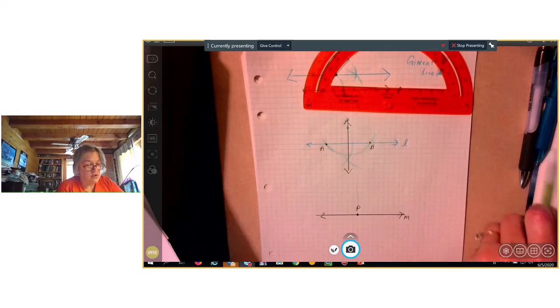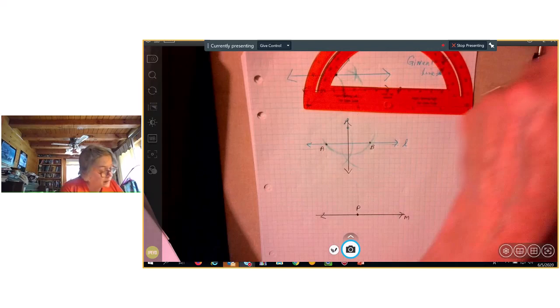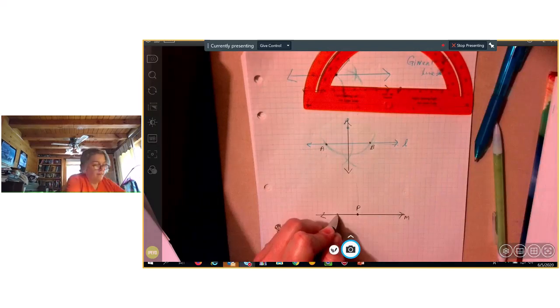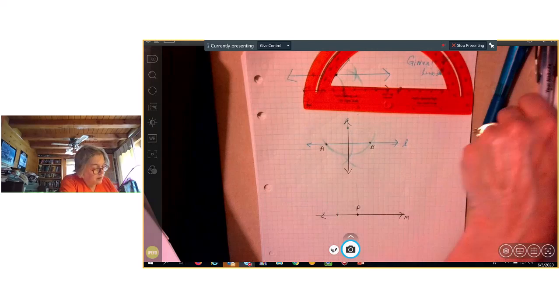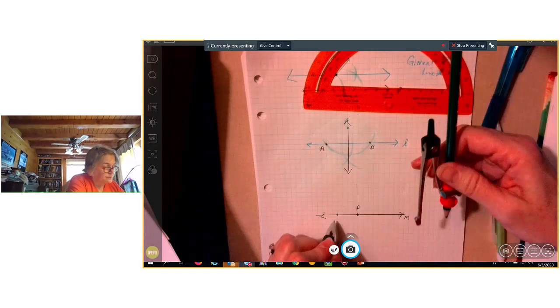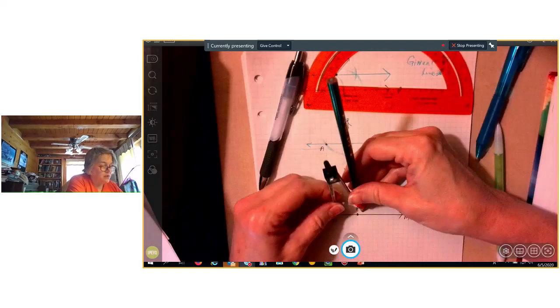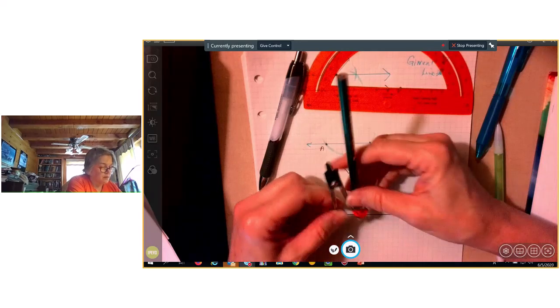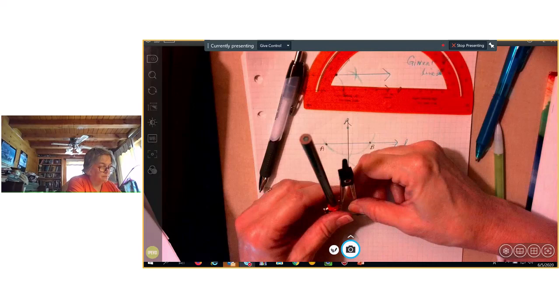So the same thing goes. Just pick a point on this line, and I'm going to call this A again, and I'm measuring from A to P.